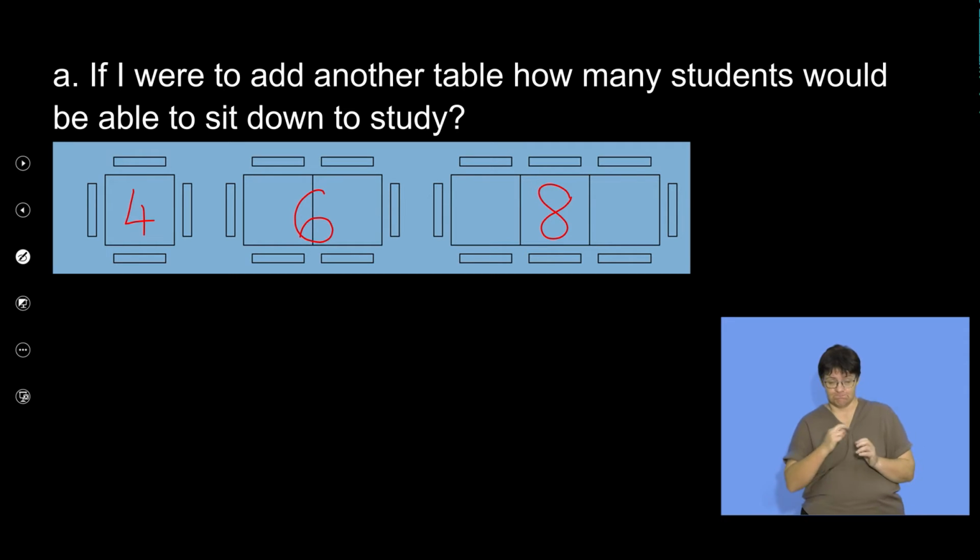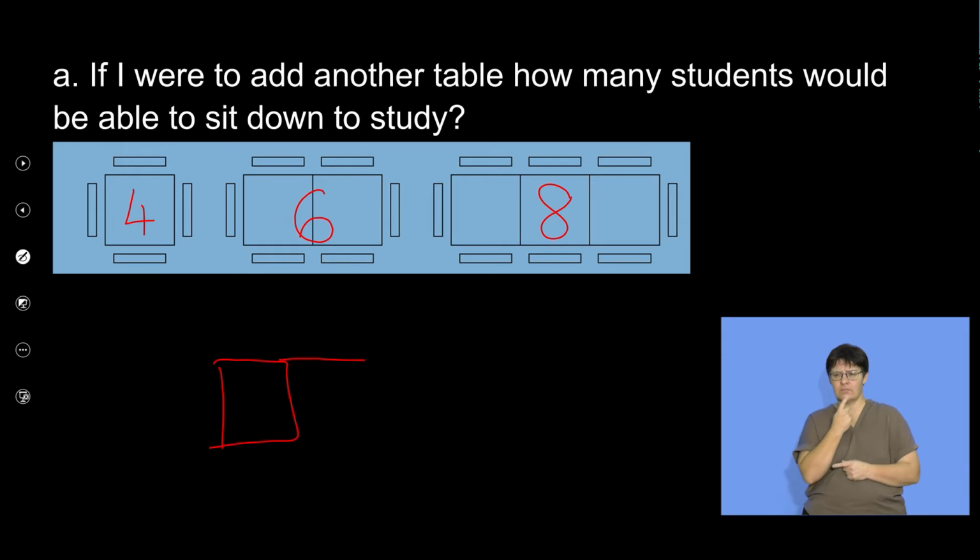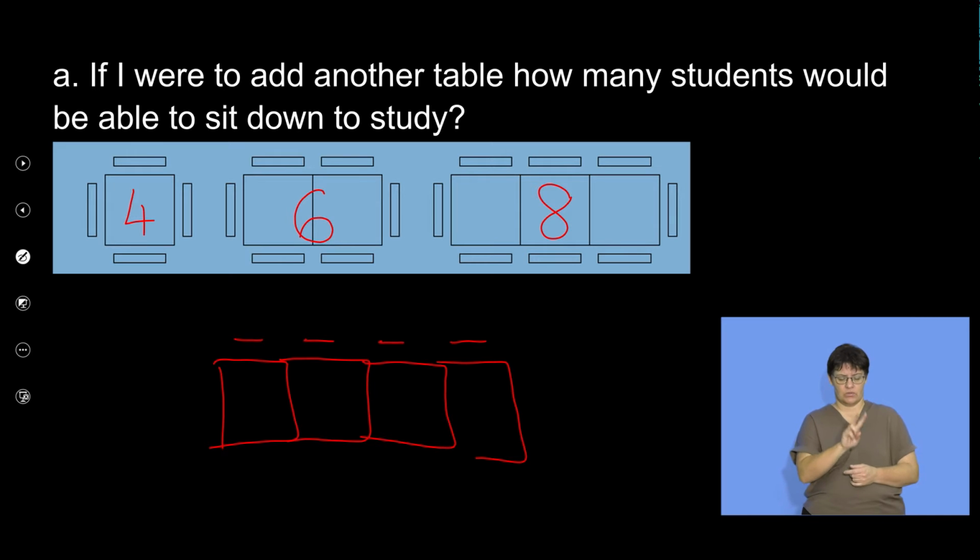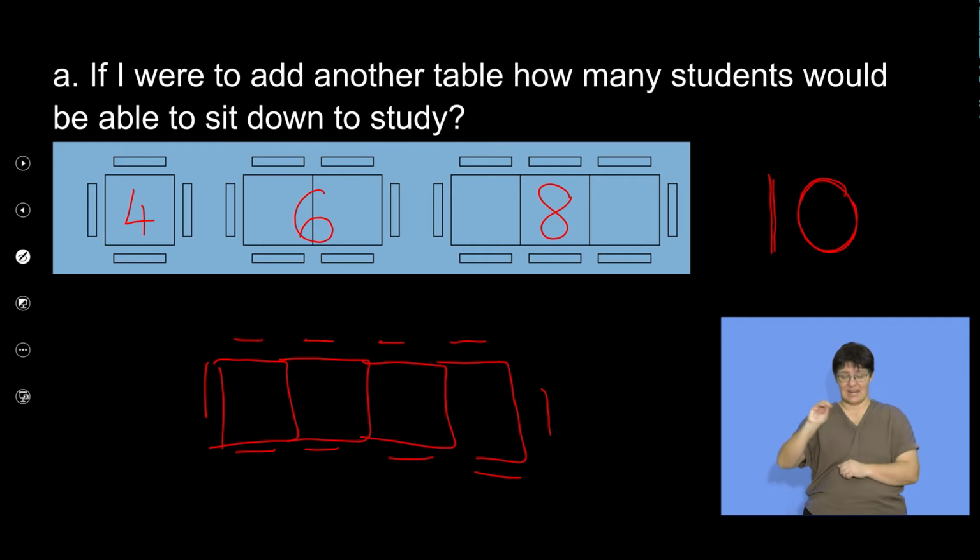This question is now asking me if I were to put 4 tables together. So let's draw our 4 tables. We would then have 1, 2, 3, 4, 5, 6, 7, 8, 9, 10 people seated. So I'm just going to draw a big 10 over here to illustrate that we would have 10 students seated for the study group.